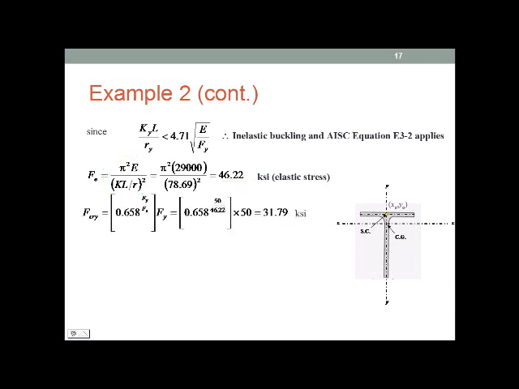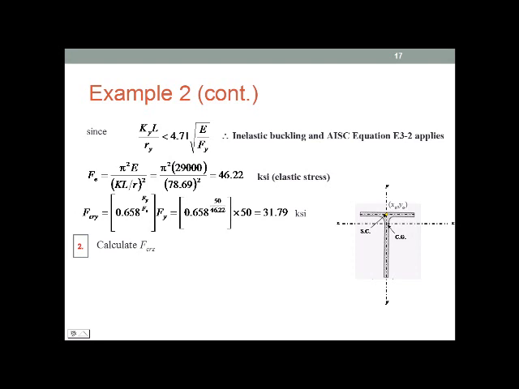Now we are ready to calculate F critical y. F critical y equals 0.658 to power Fy over Fe, the whole thing multiplied by Fy. Now substitute for the unknowns. If you do so, you'll get F critical y equal to 31.79 KSI.